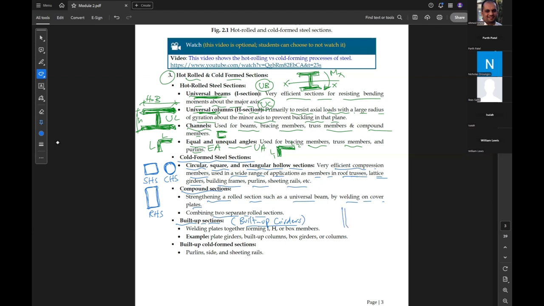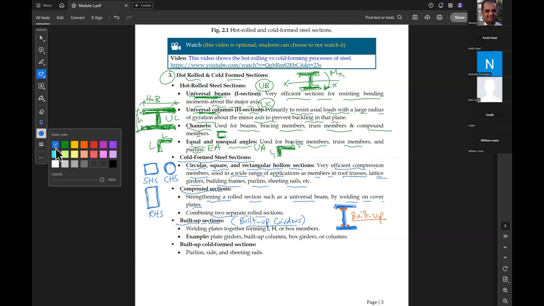Like we have plate acting as a web, welded to another plate acting as a flange, and welded to another plate acting as a bottom flange. So in here between the web and flange we have some welding here, and between the web and bottom flange is also welding here. So this is called built up.